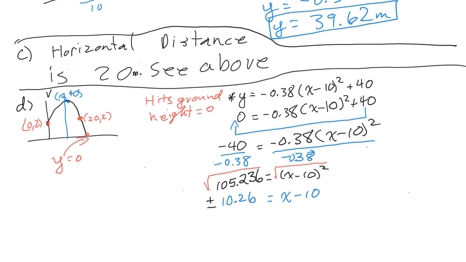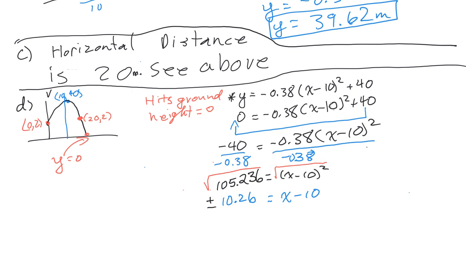For every point on a parabola, except for the vertex, there's always a matching point on the other side of the line of symmetry. So we're going to have to add 10.26 to some number and subtract 10.26 from some number.